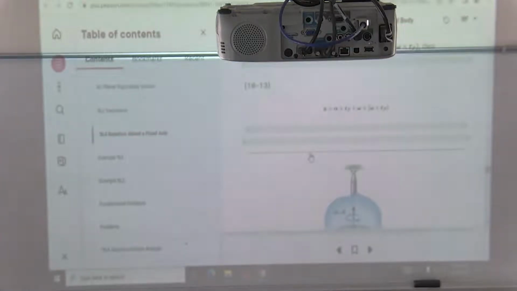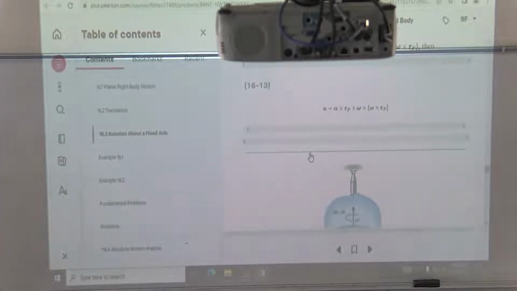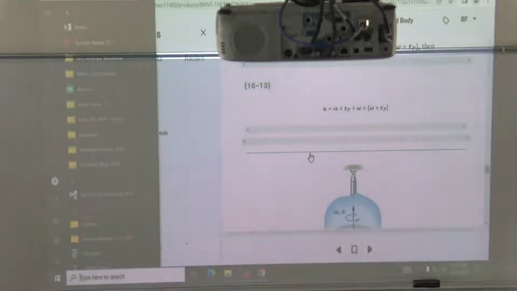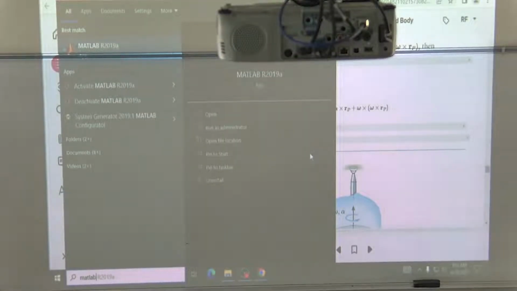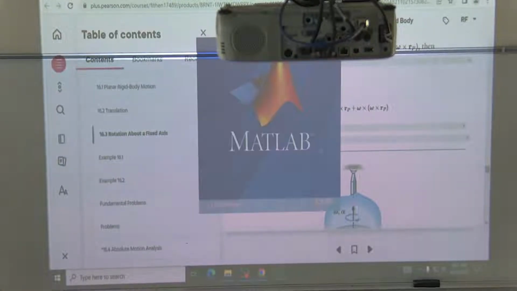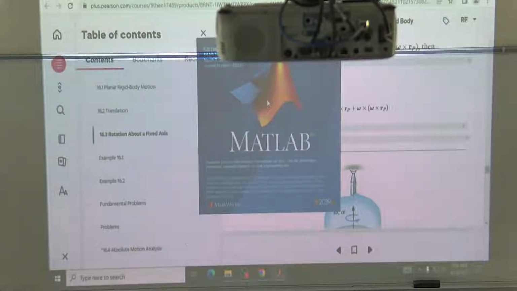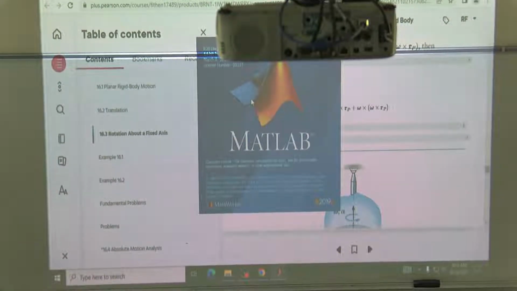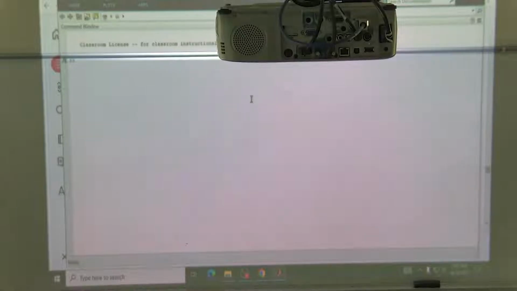I'll let that come up first. Let me start. This will cover part of the screen. It's kind of a reflection coming in here.